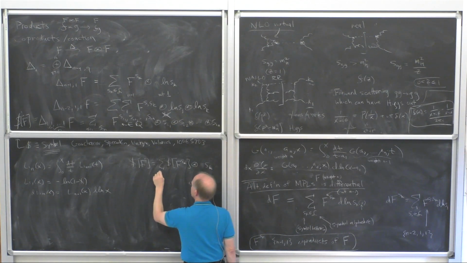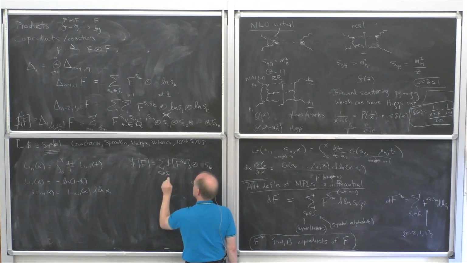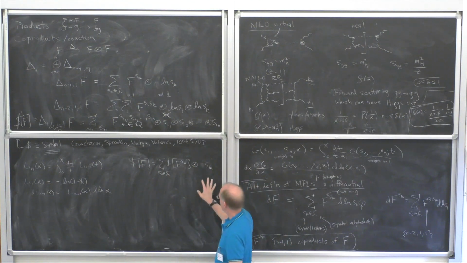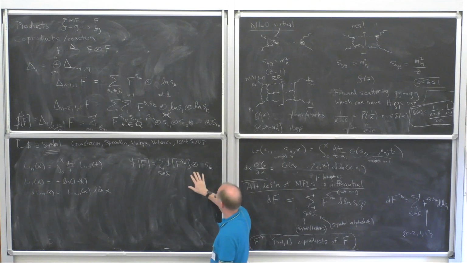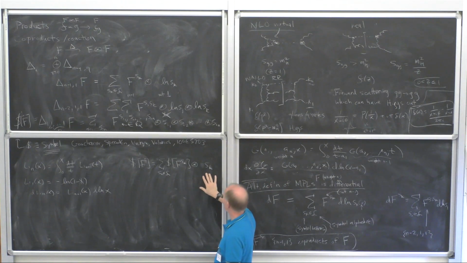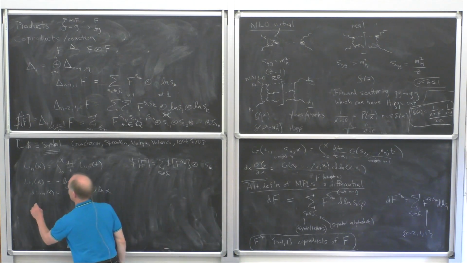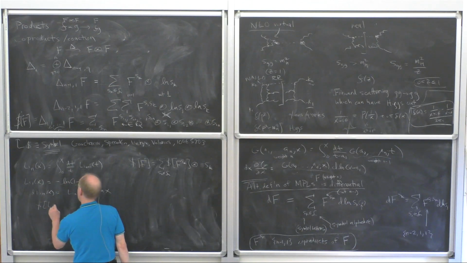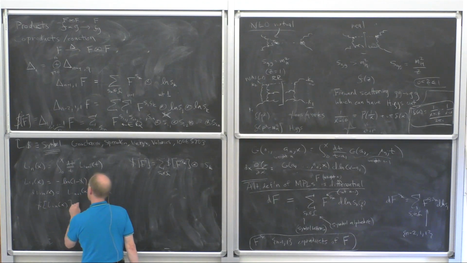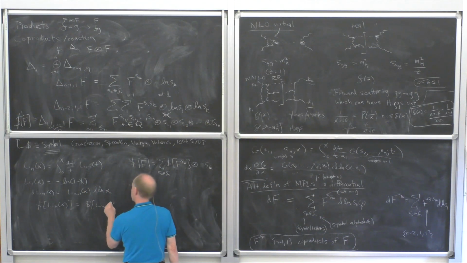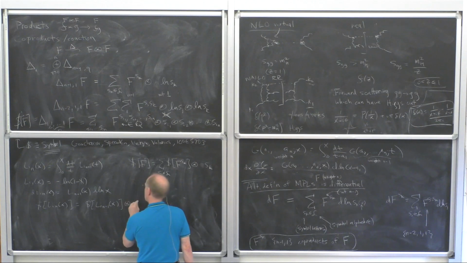In other words, this was an iterative definition of the symbol, but you can also implement it one step at a time by taking the derivative, and you put the last d log argument here, and then you keep going. So then the symbol of Lin of x is the symbol of Lin minus 1 of x tensor x.